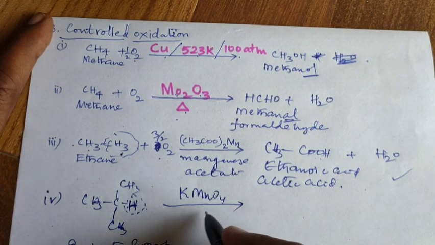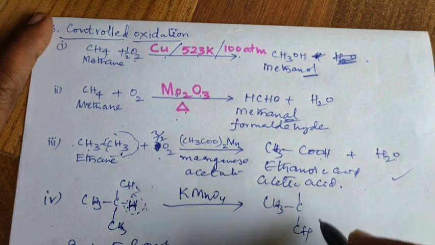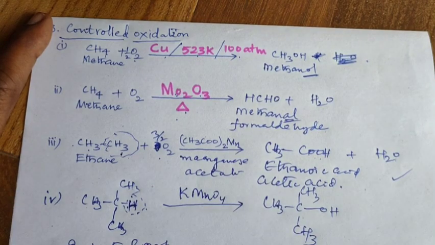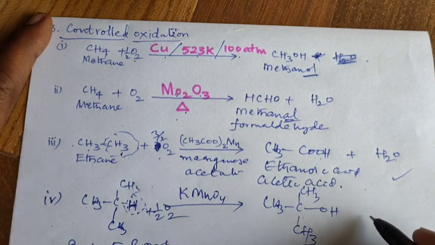And here what is introduced? CH3, CH3, then OH. An alcohol is produced. Then what you have to write? Half O2 is correct one.